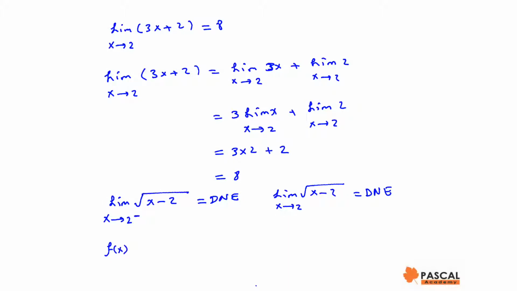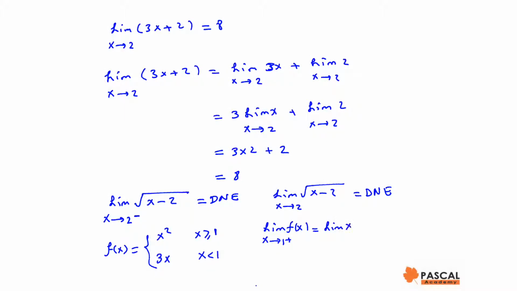Let's assume f of x equals x squared when x is greater than or equal to 1, and 3x when x is less than 1. Find the limit of f of x as x approaches 1 from the right side. We have to follow this rule, x squared, because x is greater than 1.